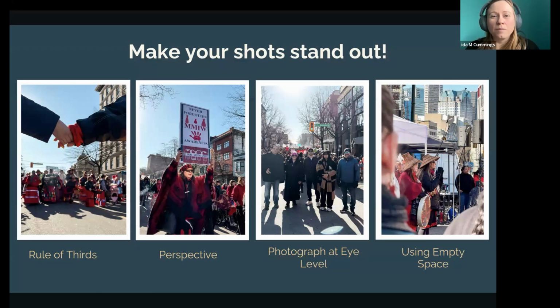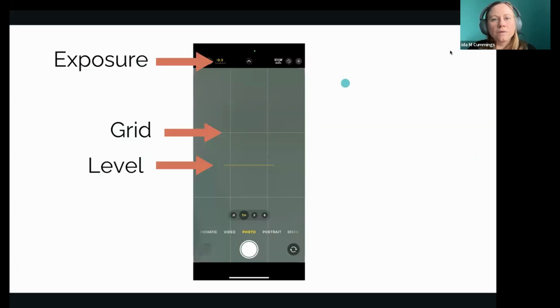You can see that in movies where somebody's bad, they often have the frame end at him, because it creates tension and makes you kind of uncomfortable. So you always want to give the people you're photographing breathing room. Have the frame at their back, so they can look into empty space in front of them. A trick for doing this on your phone is to use these grids.